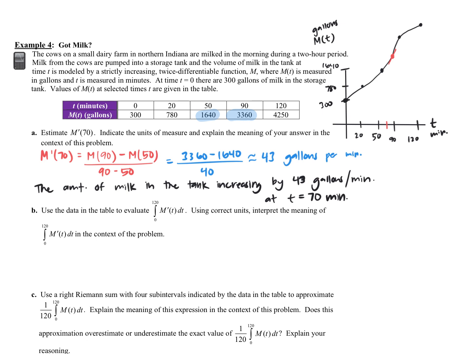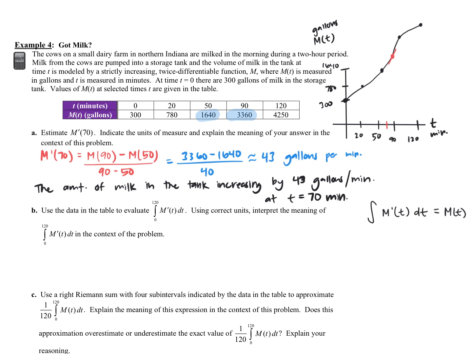Well, first things first, if I have an integral and a derivative, what is that going to end up equaling? Just m of t. So if I have an integral and I have a derivative, those things cancel each other out.